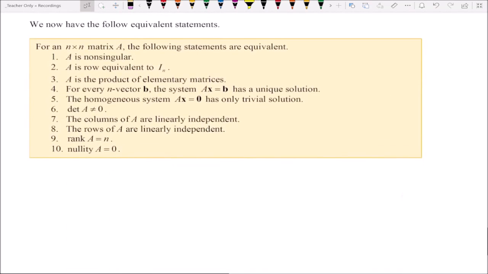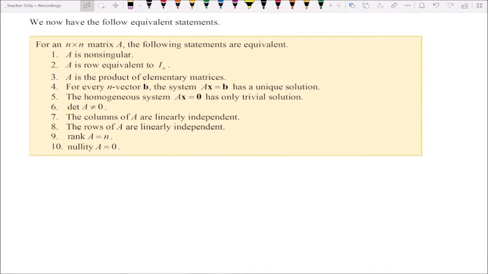We conclude by looking at these following equivalent statements. Right? A is non-singular. A is row equivalent to I_n. A is the product of elementary matrices. For every n-vector b, the system Ax = b has a unique solution. The homogeneous system Ax = 0 has only the trivial solution.